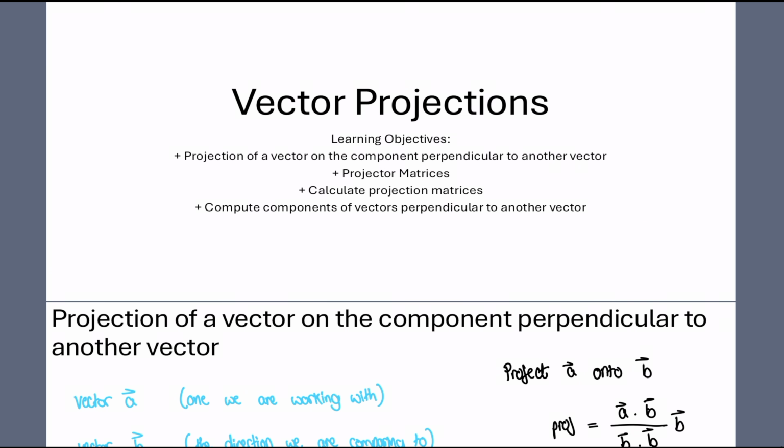Cool. So that is all you need to know about vector projections. Hopefully this was useful. This topic becomes useful when we look at constrained optimization and how to determine the nature of the optimum, because like I was saying before, we will have to work out the projection matrix and sandwich the Hessian between the projector matrices and then find the eigenvalues of that Hessian in order to determine the nature of the optimum.